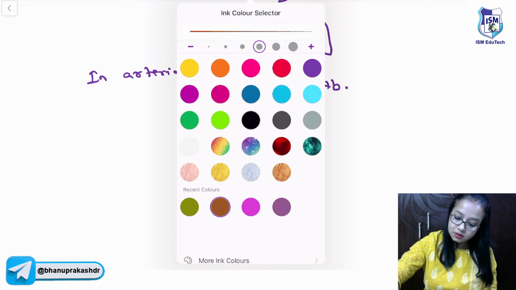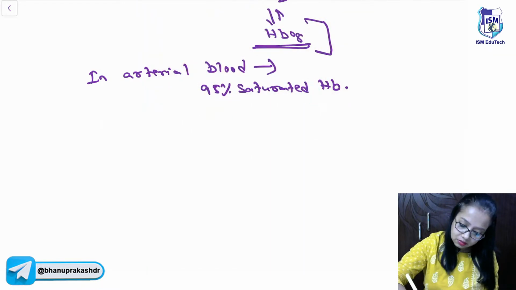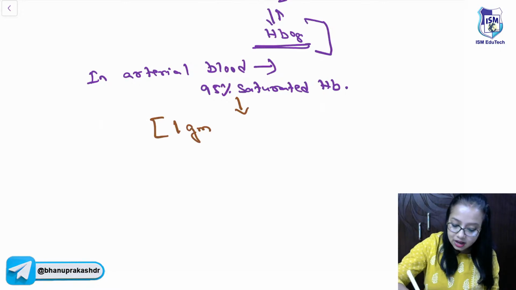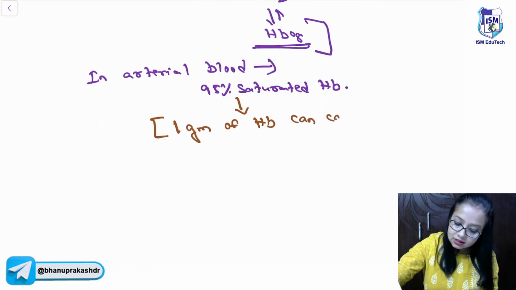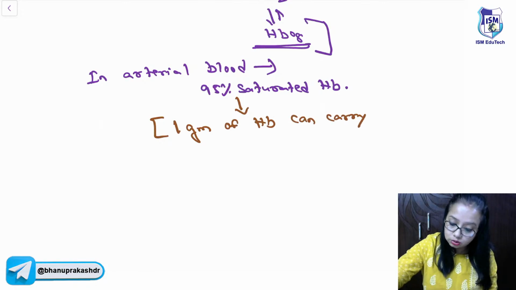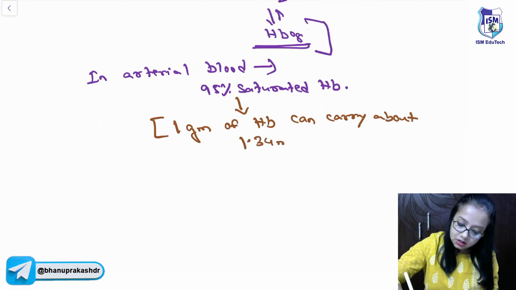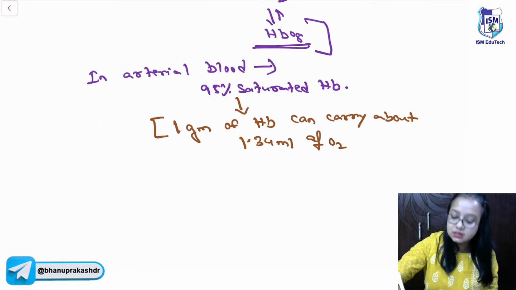Here there is one thing that we need to understand. When we talk about saturation, 1 gram of hemoglobin can carry about, not exactly, but about 1.34 ml of oxygen.